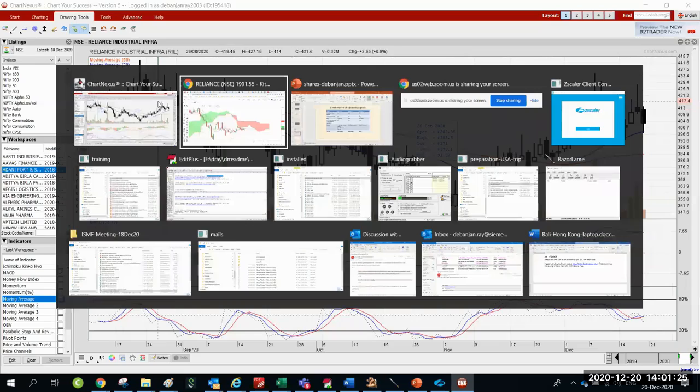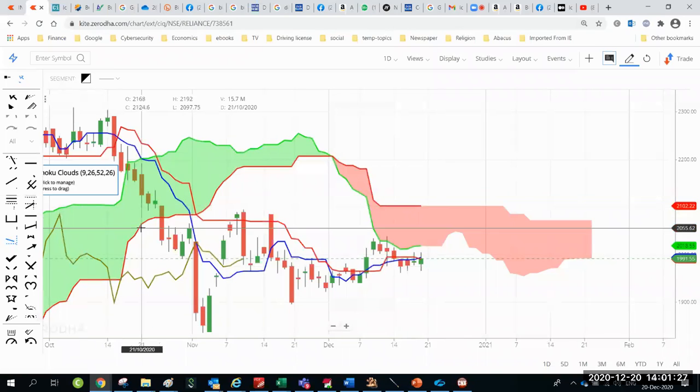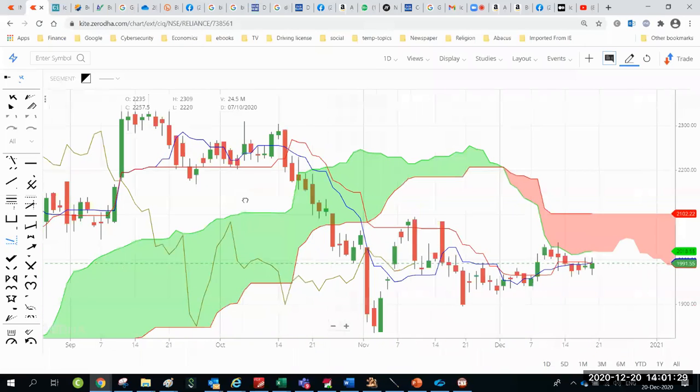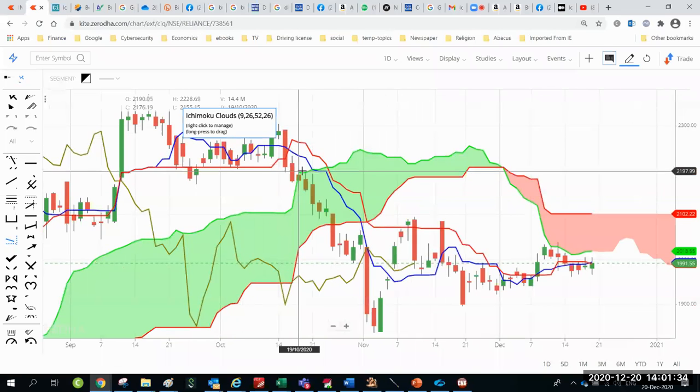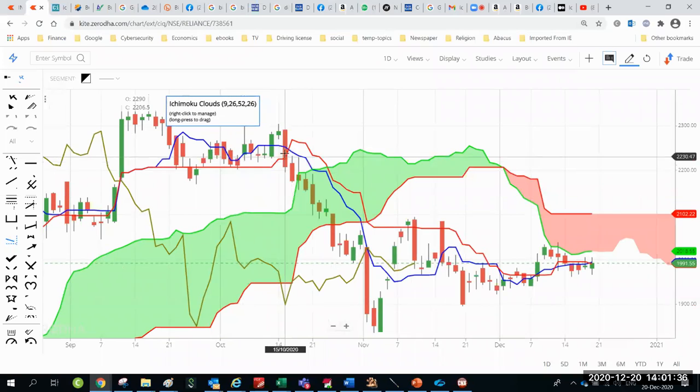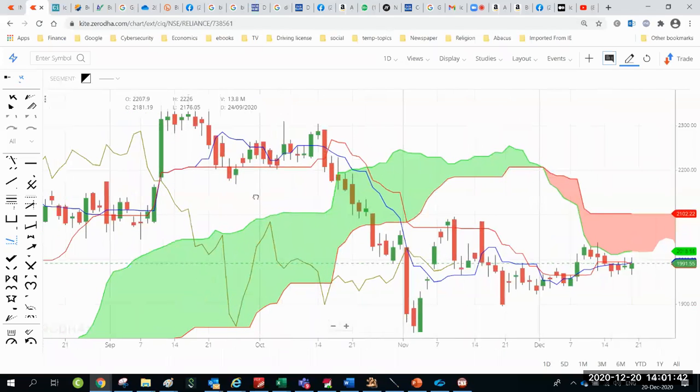From 26th August, it is there. What we do here is, the moment it enters the cloud, you can also see the TK crossover is there. Here, what was the date? It is the 15th October.